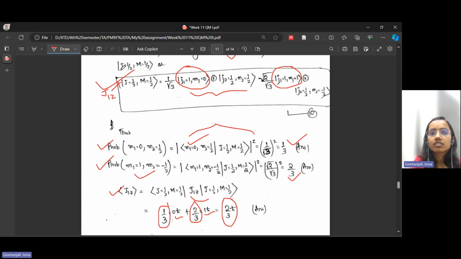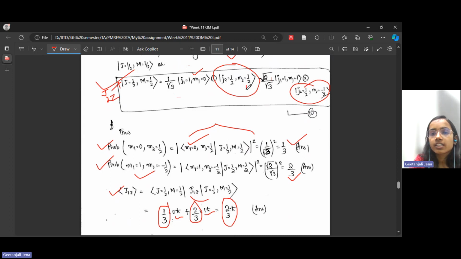Similarly, for J2Z, we have to keep in mind the action of this J2Z on the uncoupled state. So let's say we have J2Z, okay? What will it do? It will act as an identity on the first, and for the second state it will act on M2 equal to half.